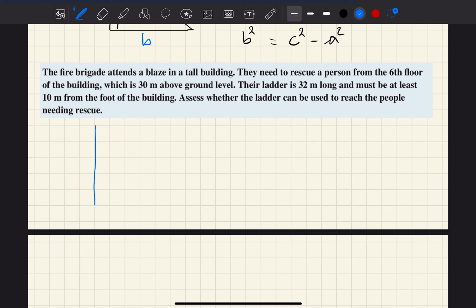I'm going to call this my building. And then what we know is this thing is 30 meters. 30 meters.